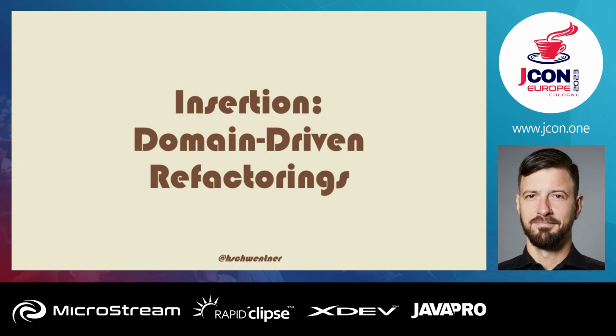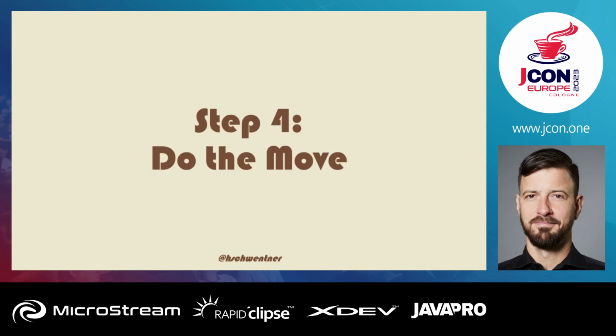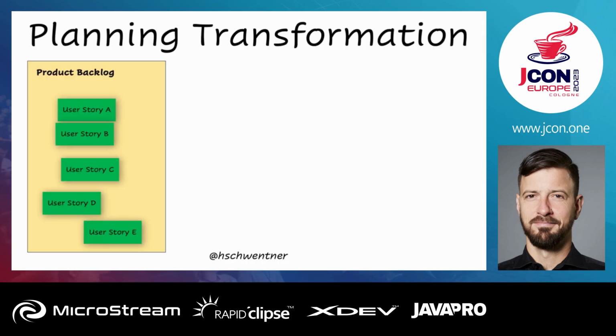And I'm going to jump over the domain-driven refactorings here and move on to step number 4, do the move. And there we can see how the idea of this is. So we have the product backlog, and we have features in there, user stories, product backlog items, however you want to call them.